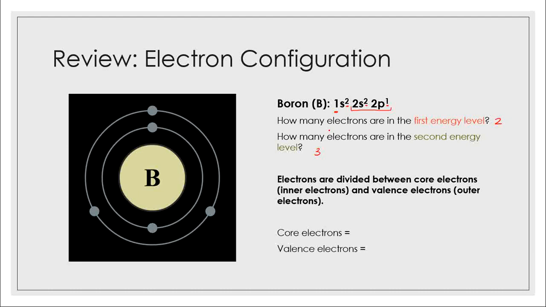So using those two words, the core electrons for boron would be 1s2, meaning that there are 2 core electrons, and the valence electrons come from 2s2, 2p1, so boron has 3 valence electrons.